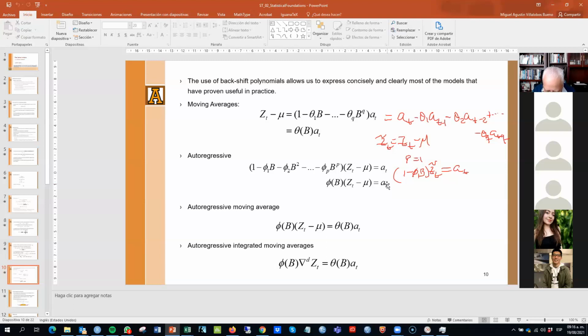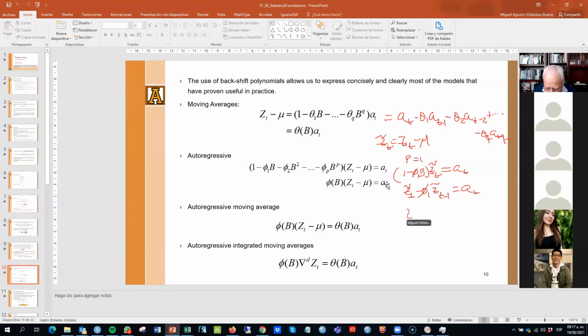Why is it called autoregressive? Let's write it down in a different way. This is Z_t tilde minus phi 1 Z_(t-1) tilde equal a_t.